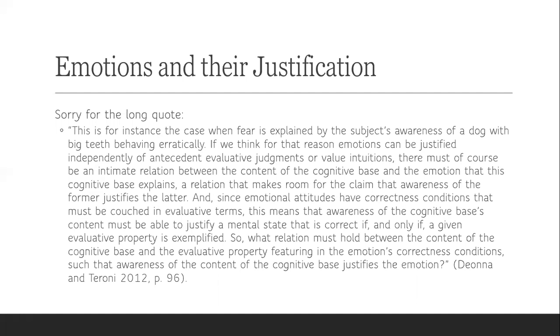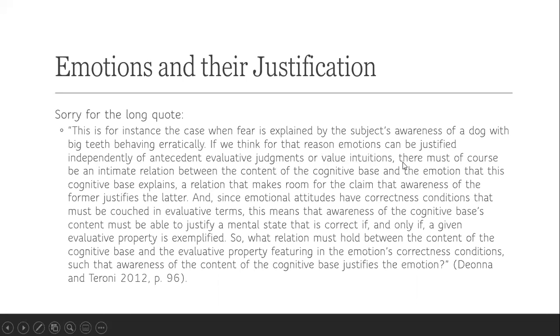All right, that's a lot. What are they saying there? Well, they're saying if we think that we can talk about emotions as justified or unjustified independently of antecedent evaluative judgments, remember, we make evaluative judgments following from emotions. We don't make them during or before, right? We're doing this independently of judgments or intuitions.